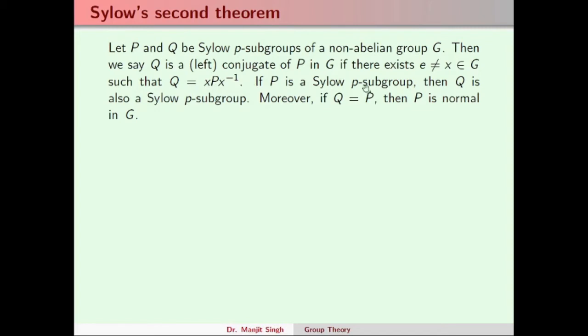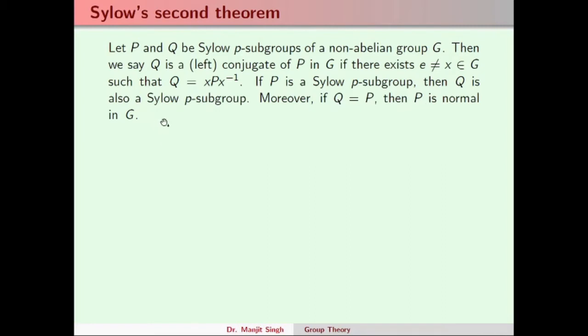So if P is a Sylow P-subgroup, then the order of P will be P raised to power n, and Q is also a Sylow P-subgroup because it is a conjugate of it, and the order of Q will be P raised to power n. So if P is a Sylow P-subgroup and Q is its conjugate, then its order will be P raised to power n, and hence it will be a Sylow P-subgroup. Moreover, if Q equals P, then P is a normal subgroup in G.